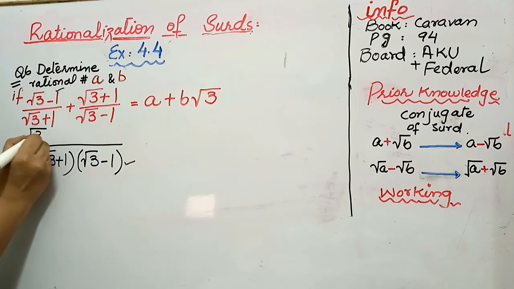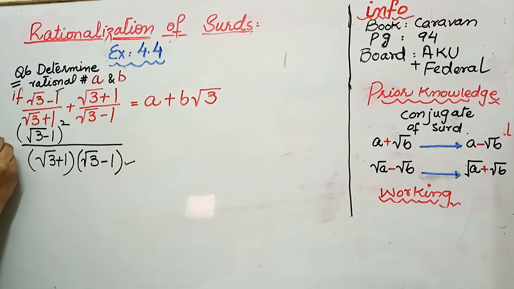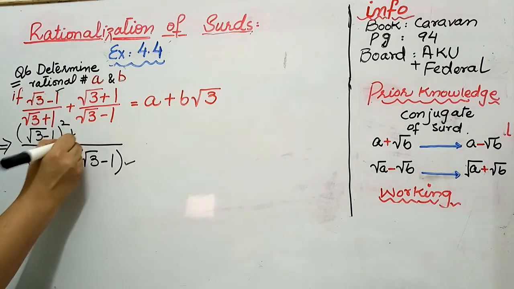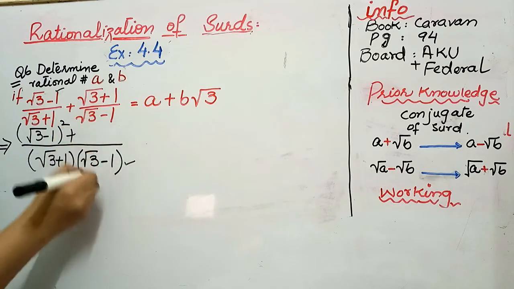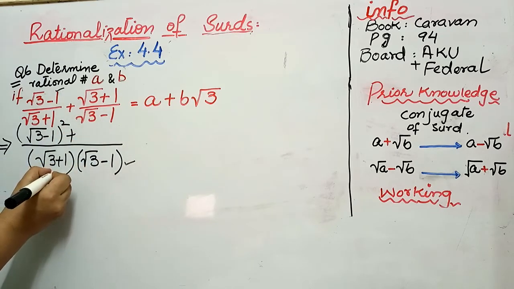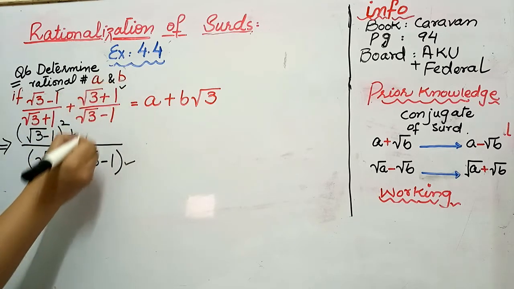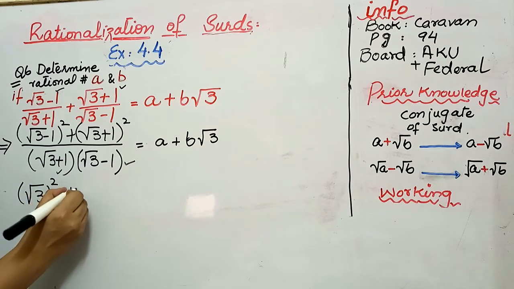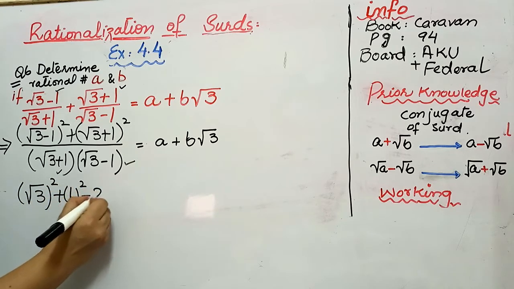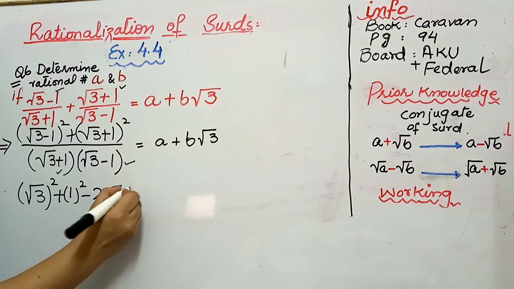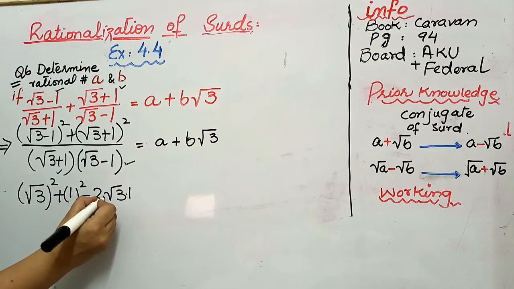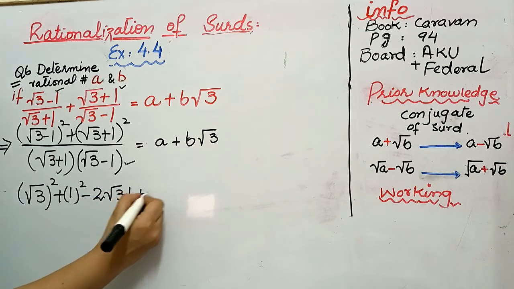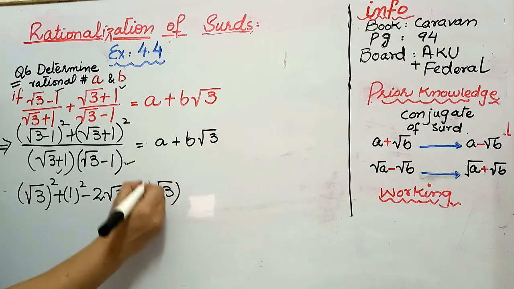So it will be under root 3 minus 1 whole square, plus this and this will be cancelled, so remaining is this, and this will be multiplied with the numerator: under root 3 whole square plus 1 whole square minus 2 under root 3 into 1, plus under root 3 square.